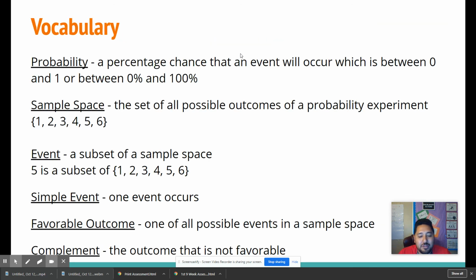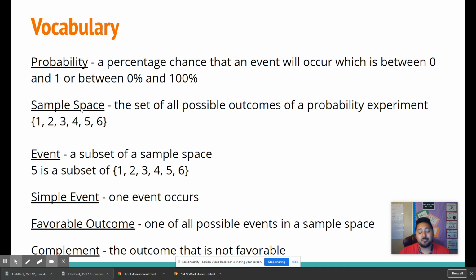So here's your vocabulary. I encourage you to pause the video. These are vocabulary words that we went over. Probability is the percentage chance that an event will occur, which is between 0 and 1, or between 0% and 100%, which are the same things. Sample space is the set of all possible outcomes in a probability experiment. An event is something that will happen, a subset of the sample space.